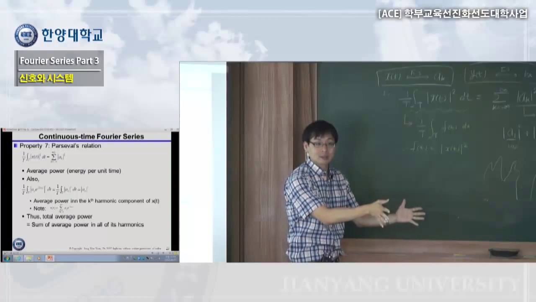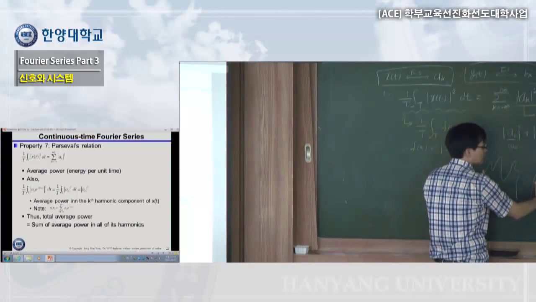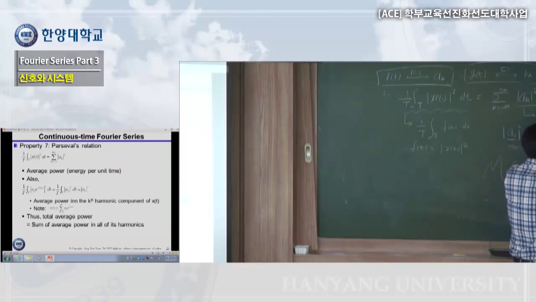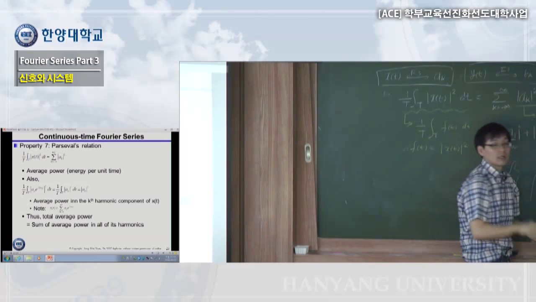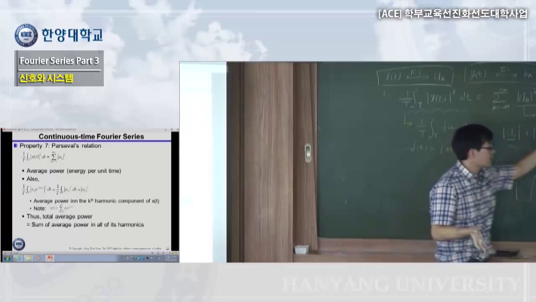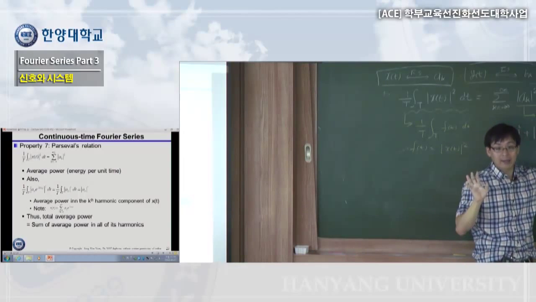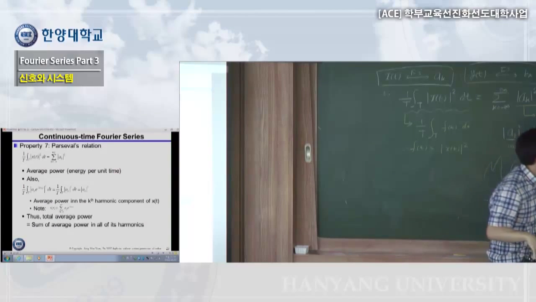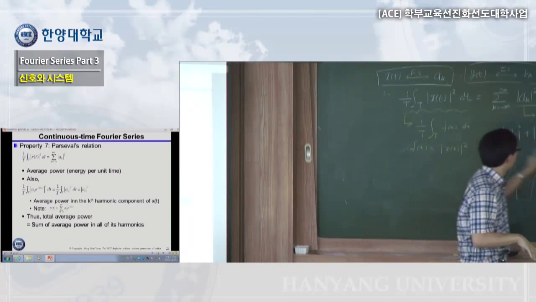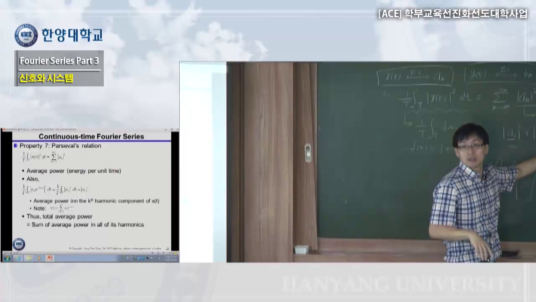Also, you can change this one signal to a set of sine waves. That's a Fourier series. So we do the Fourier series transformation, and then add the power of each frequency component.